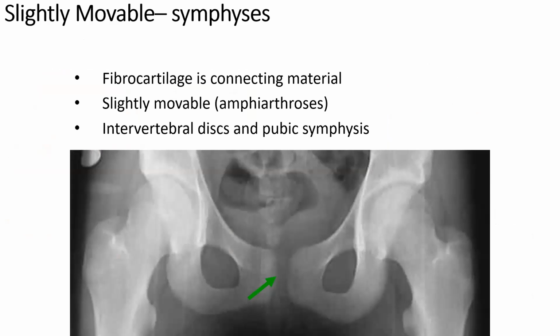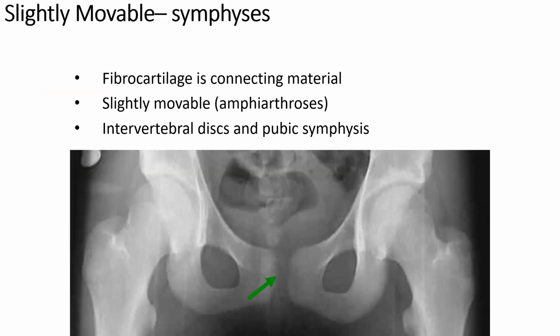Here's another example of the cartilage. Remember, this is all connective tissue. In our slightly movable joints, we have connective tissue. Here we have the pubic symphysis with fibrocartilage in between here. A slightly movable joint, the same thing in the pads of the vertebrae.